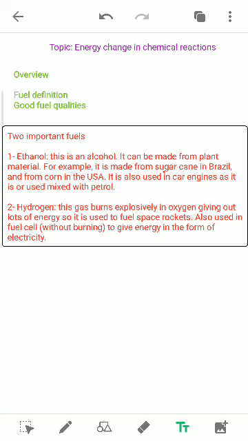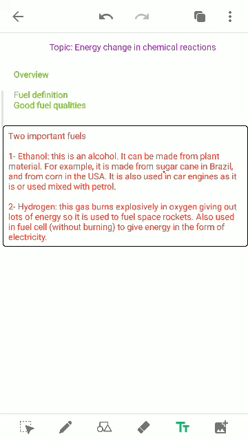For example, ethanol is taken from plant materials, and they have given two examples, that it can be made from sugarcane, or from corn as well. So these are the two countries which use these in their cars, and sometimes ethanol is mixed with petrol as well, or it may be used as it is in a pure form.